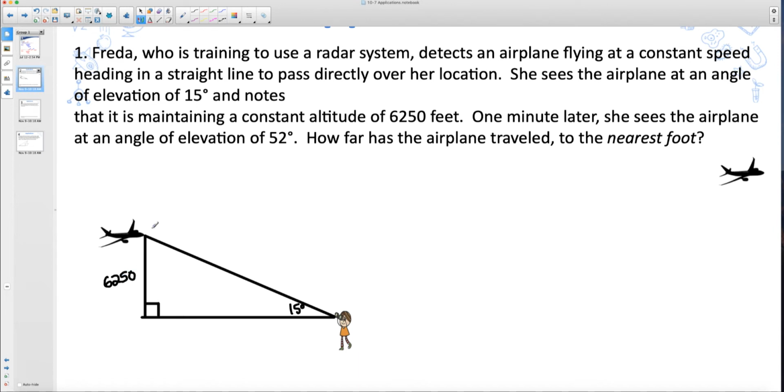So that's the first part. She detects an airplane at an angle of elevation of 15 degrees, and the altitude is 6,250 feet. One minute later, this airplane's flying on in a straight line. So maybe here's 1 minute later. She detects the airplane at an angle of elevation of 52 degrees.